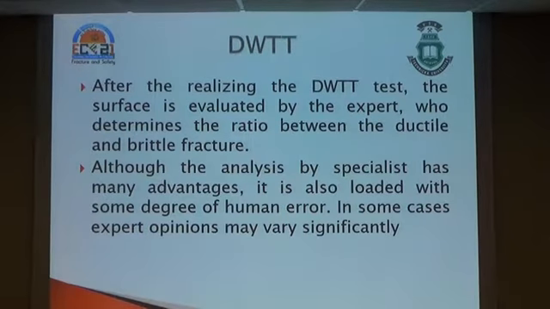Very often after realization of the DWTT test, the expert evaluates the surface and gives the ratio between the ductile and brittle fracture. Of course, maybe it is the best way to do it, but on the other hand it is loaded with some kind of human error. Sometimes two experts can get a slightly different opinion about the fracture ratio. So we try to use an informatic approach to identify it.